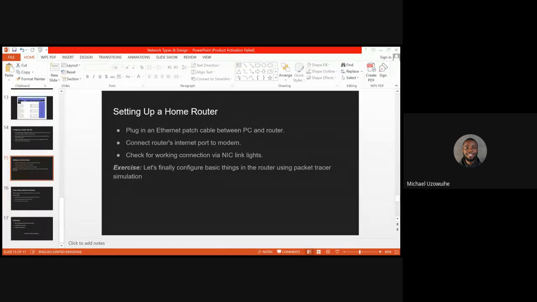Permit me to reshare my screen. Okay, so I'll be sharing. I'm not sure which screen I wanted to share. All right, just give me a few minutes.